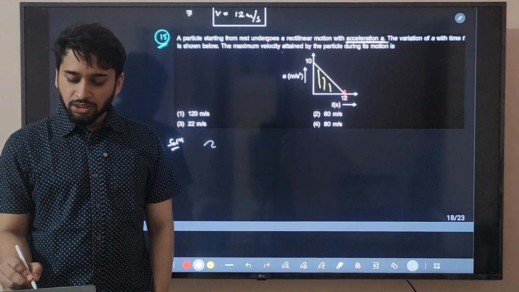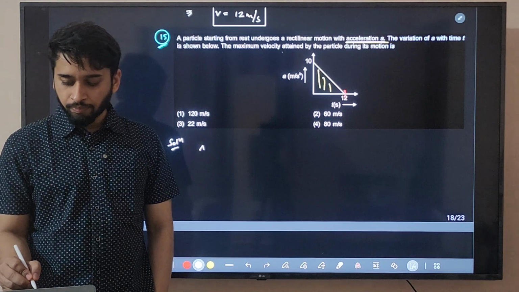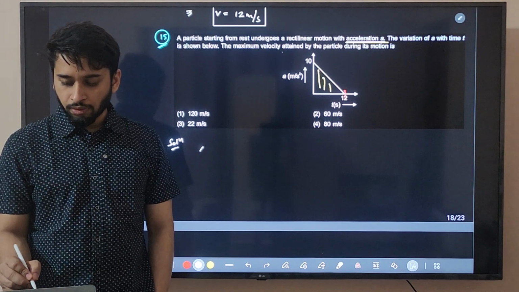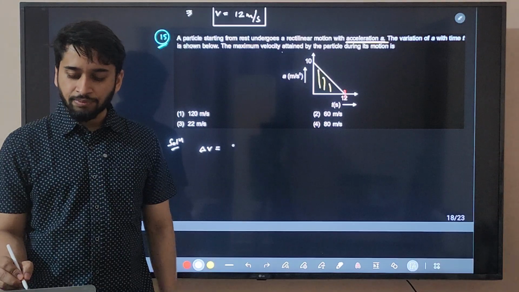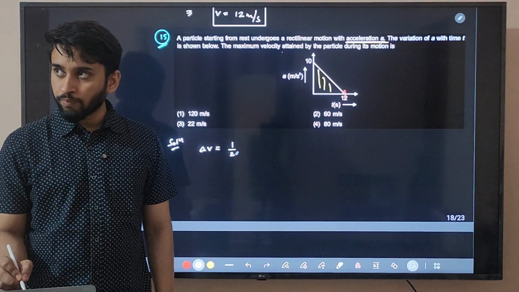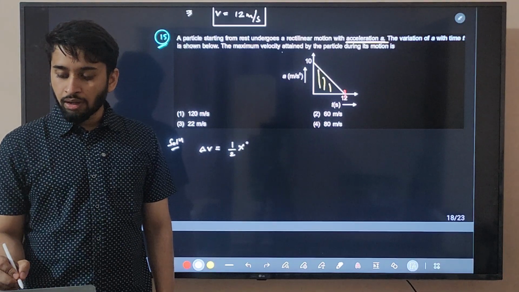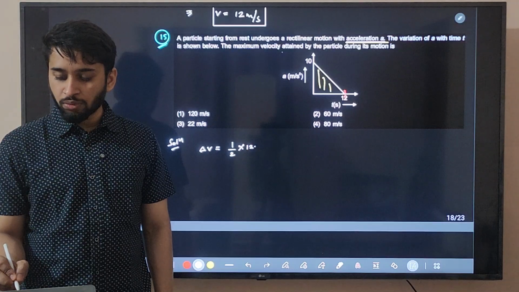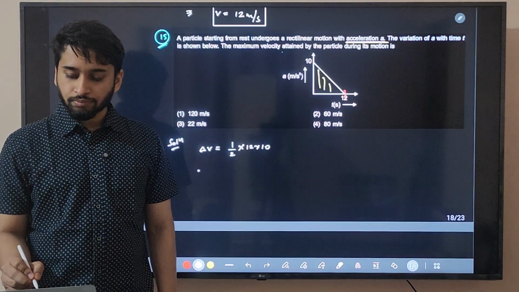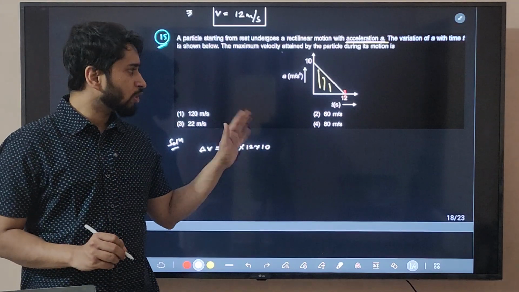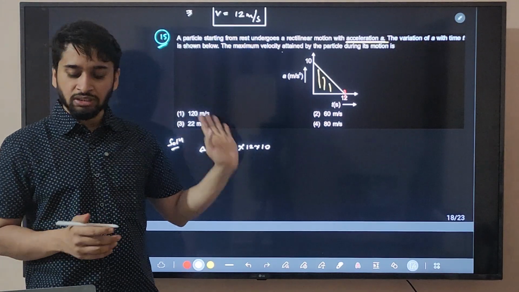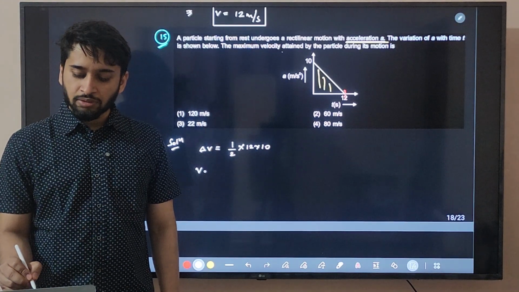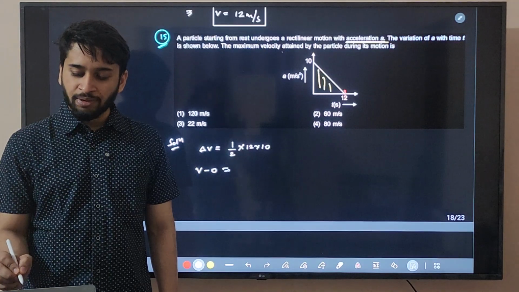So the change in velocity will be equal to the area under the acceleration time graph, which is half into 12 into 10, right? This change in velocity only will become the maximum velocity. The particle is starting from rest, so initial velocity is 0. So whatever is the final velocity, that only will be the maximum velocity.